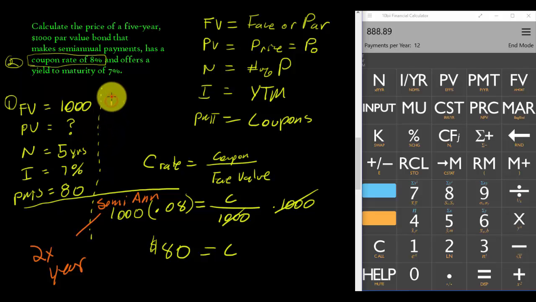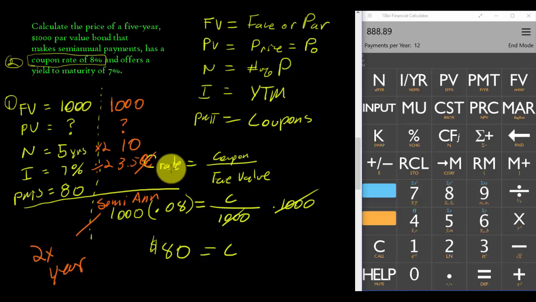My future value stays the same, 1,000. My present value is what I'm looking for. N is 5 years, but if I'm doing this twice a year, I multiply by 2, and this becomes 10 periods. My interest rate is 7% for the entire year, so I divide this by 2, and that gives me 3.5%.